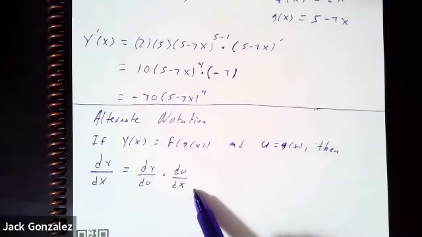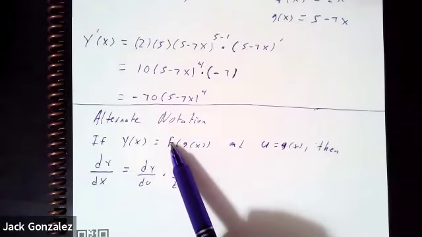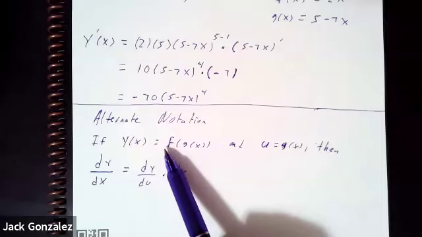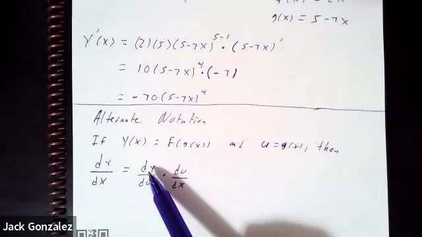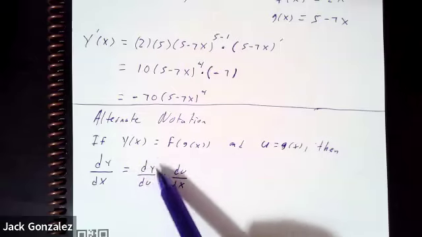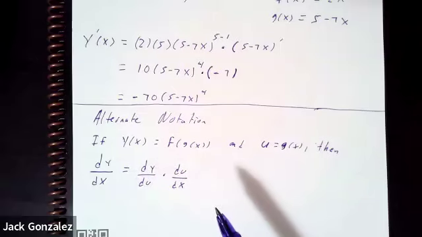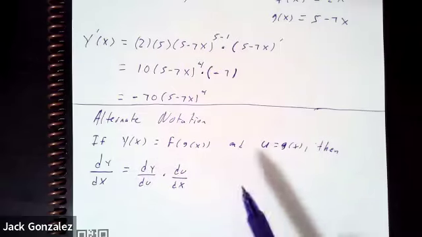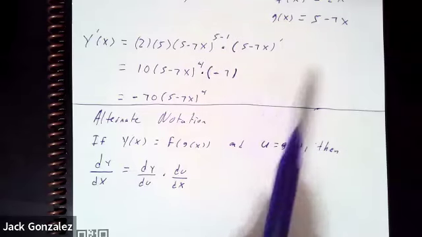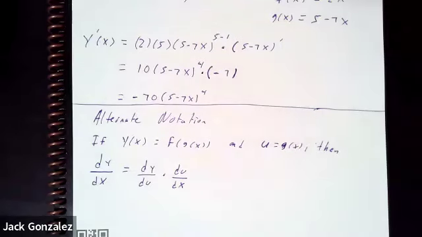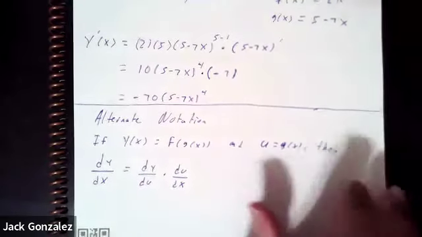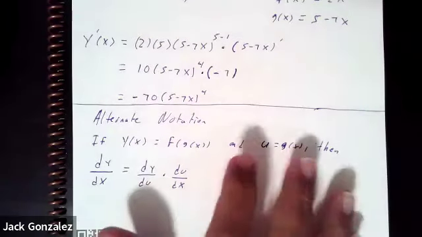That would be this piece. The derivative of this with respect to u would be the outer function. But you can use either one. I think the one we used earlier is a little more clear when you first start out. But anyway, do you guys have any questions on 5?